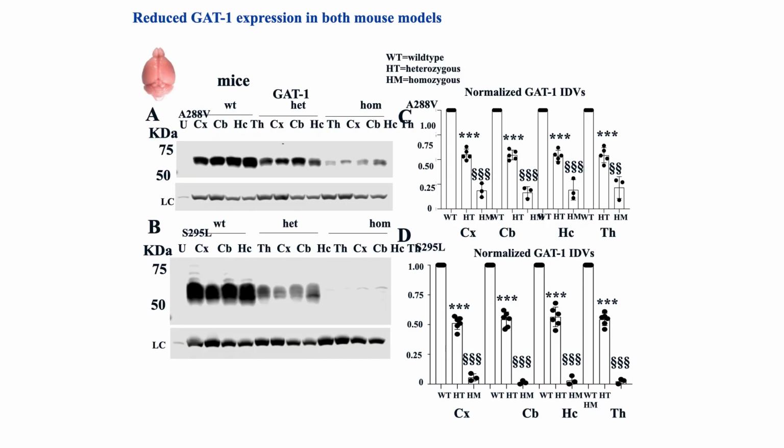And now, how about the mouse model? We use littermates, so we have Charlie's and Maxwell's, all gender matched from the same litter, comparing wild type, heterozygous, and homozygous. We look at different brain regions: cortex, cerebellum, hippocampus, thalamus. Across different brain regions, we see a global reduction of GAT1.